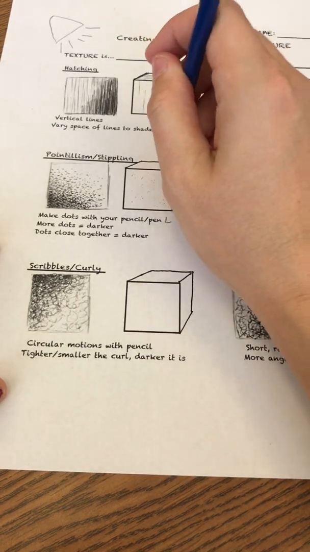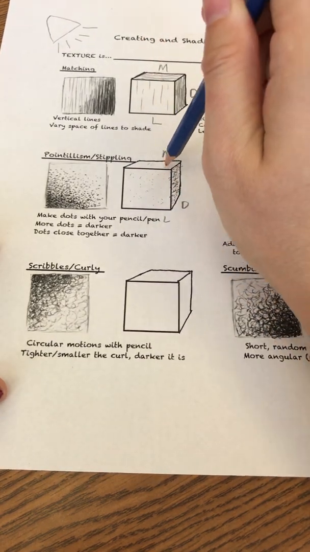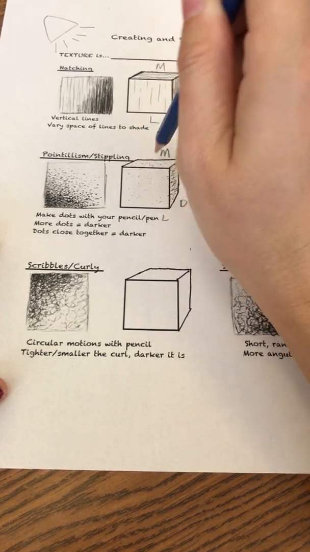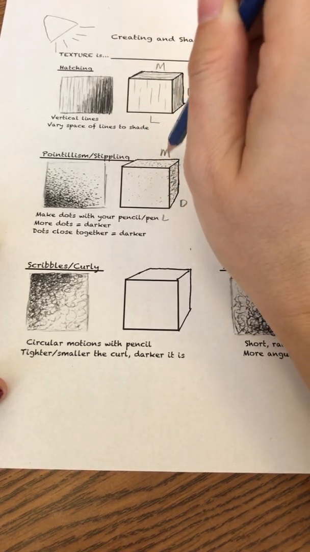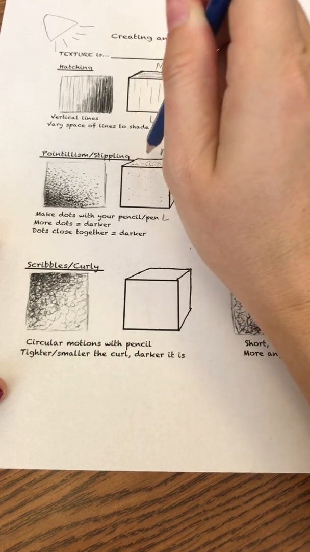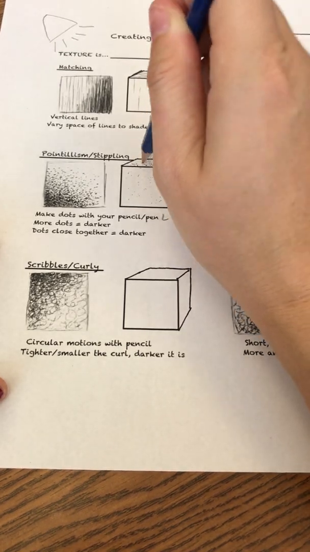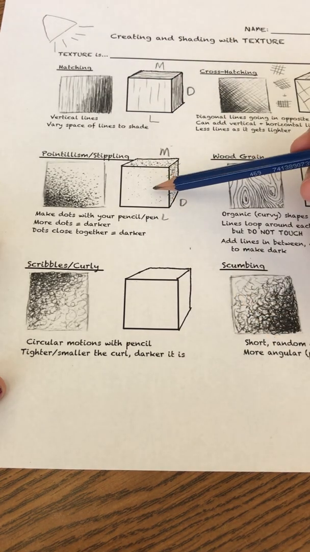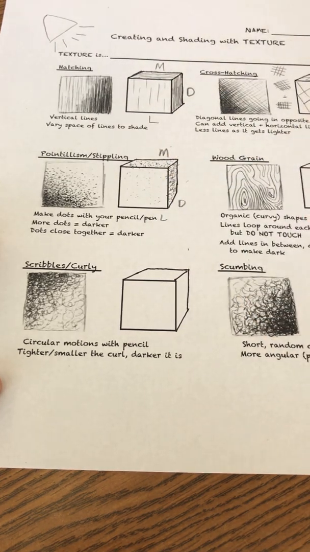And then the medium is going to be somewhere in between. Just want to be able to show the difference between the light, the medium, and the dark.